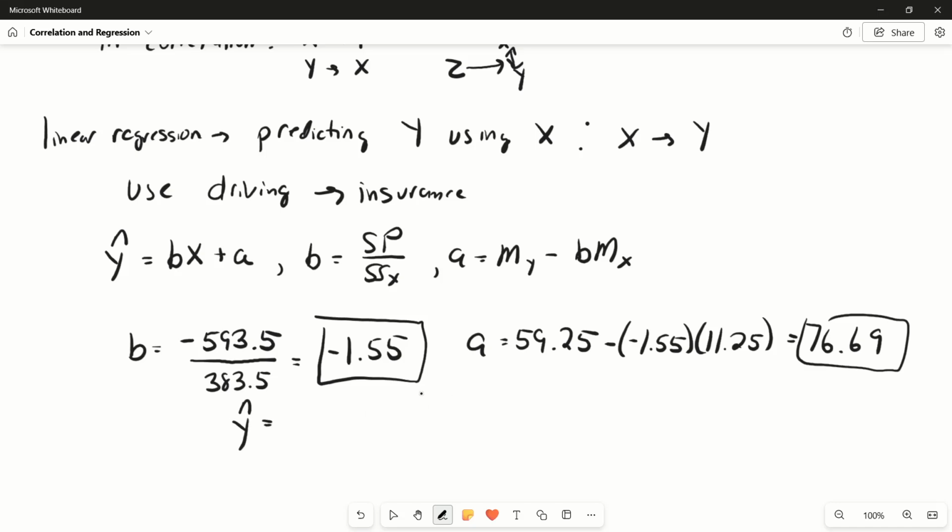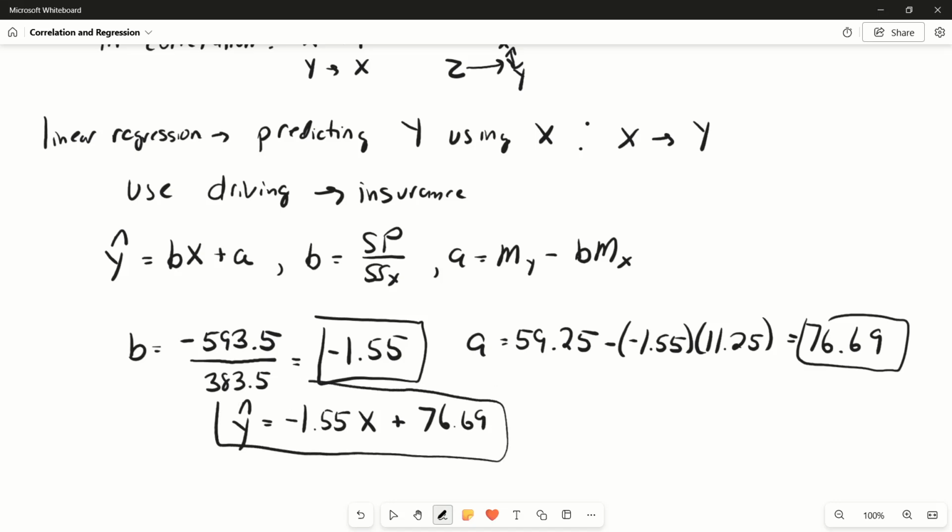And now I can plug that into the regression line. Y hat equals negative 1.55x plus a, bx plus a, 76.69. And that is my regression line using experience driving, which is our x value, to predict insurance rates.